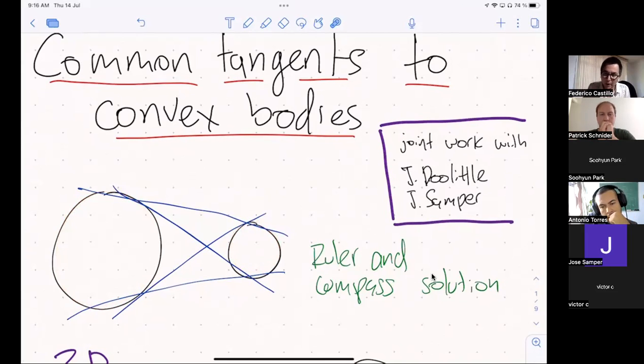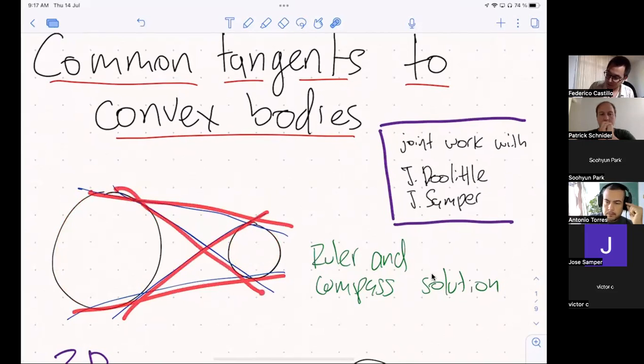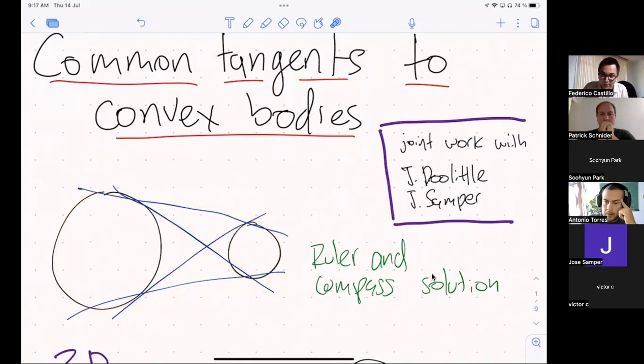It is well known that we have 4 tangent lines. Here I draw the tangent lines in blue, of course without precision, I just try to draw some lines. But you can see that if the circles are perfect and the lines are perfect, there are still 4 perfect lines that are tangent to both of them.